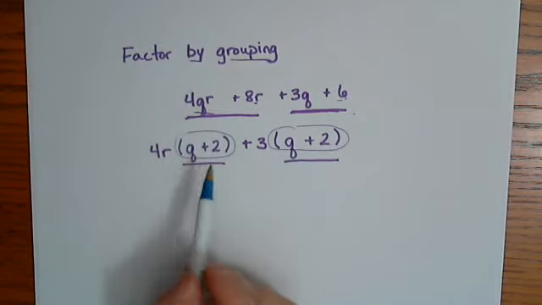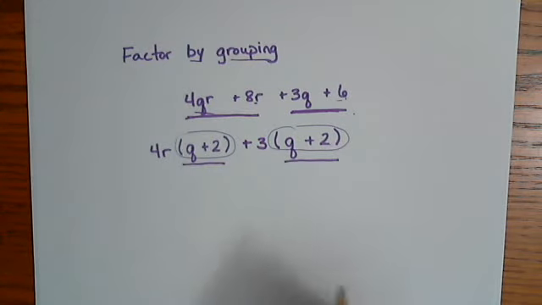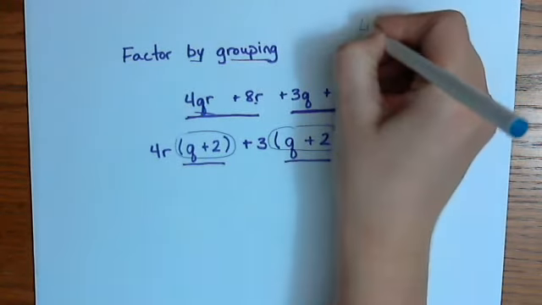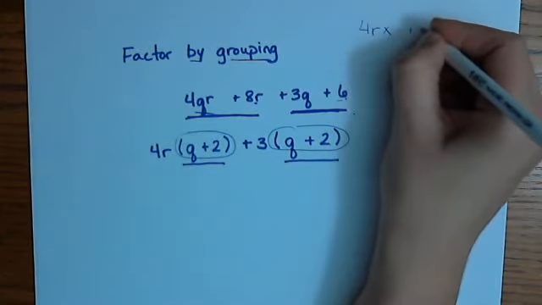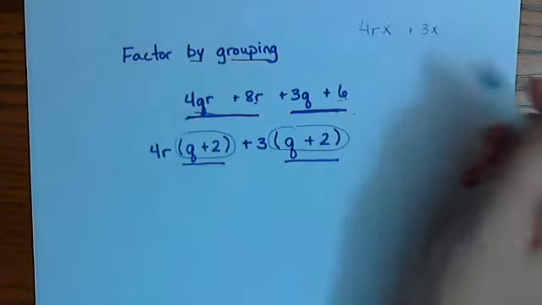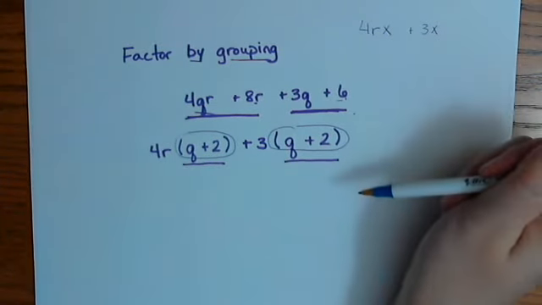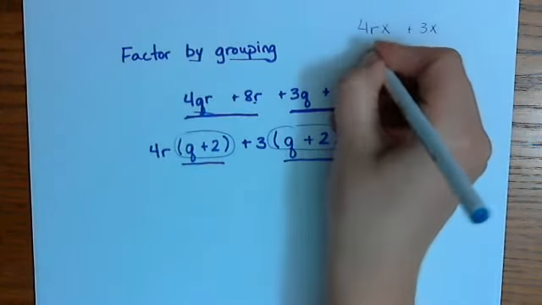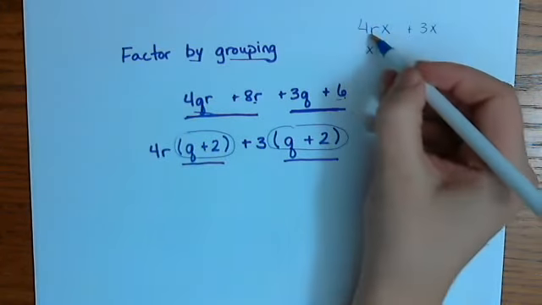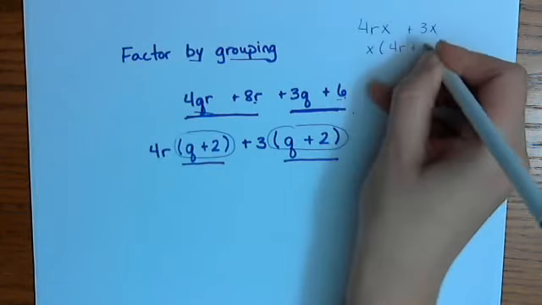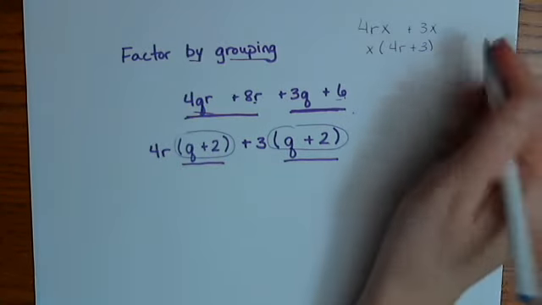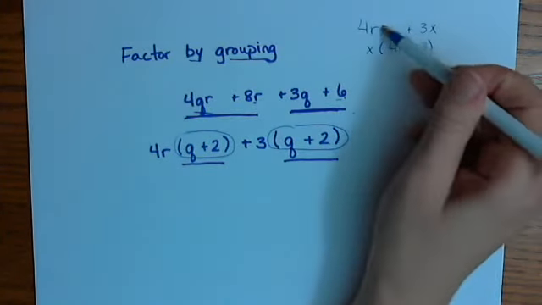It's just like if, for example, I had 4RX plus 3X, and I wanted to factor out something common between those, I would factor out the X, and what would be left? 4R plus 3. Right? So that's how I would factor it out if I had an X term.